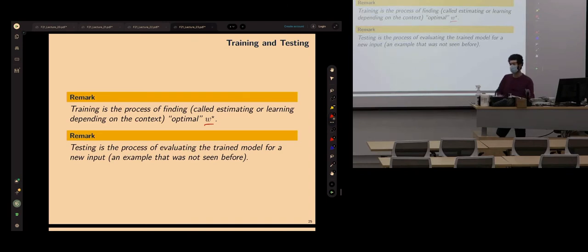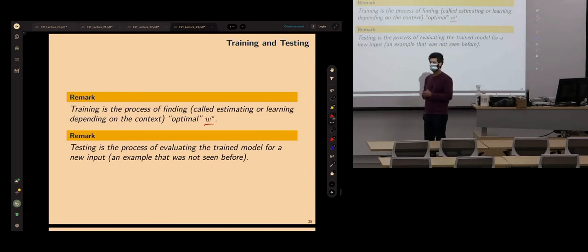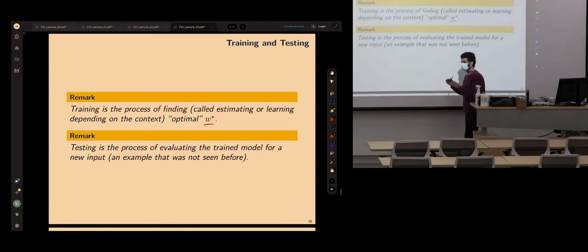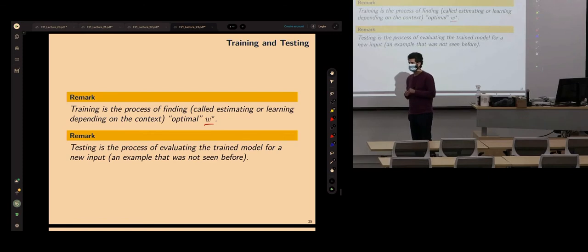Testing is the process of evaluating the trained model. Once you know the optimal W, then you use it to evaluate your model using some new examples that were not included in the training process. So you can talk about the performance of your model on the training set, right? Just the examples that you use to find W itself. Or sometimes people leave a portion of data out for validation.